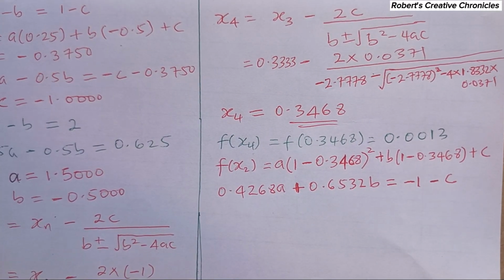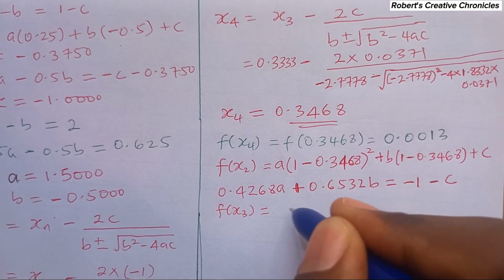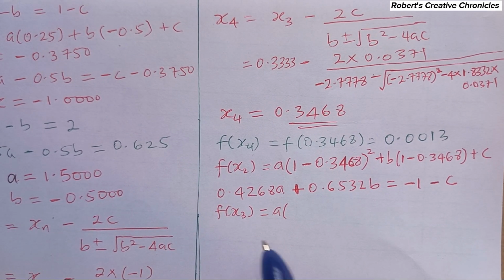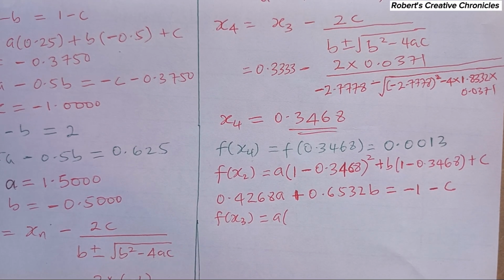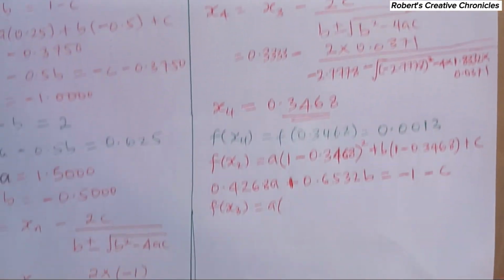Then the next one to be fx3. So it will be fx3 is equals to a. x3 is what? x3 is 0.3333.